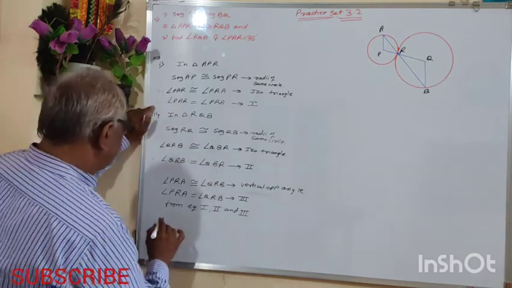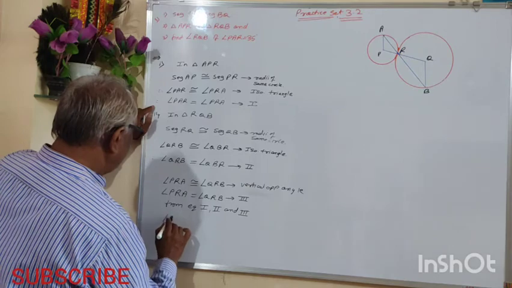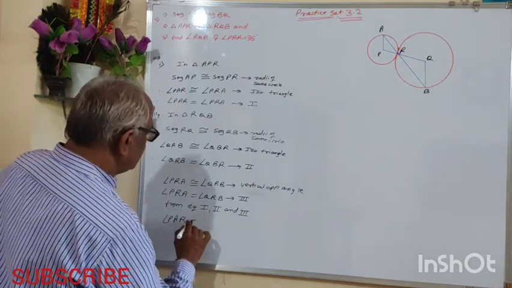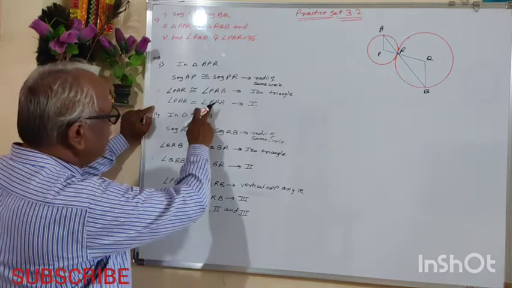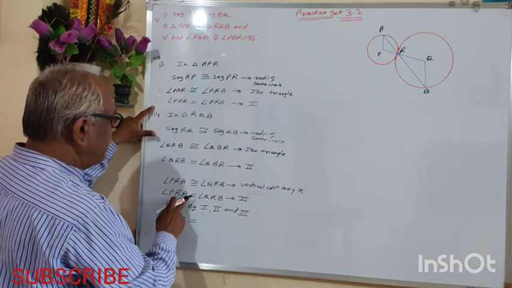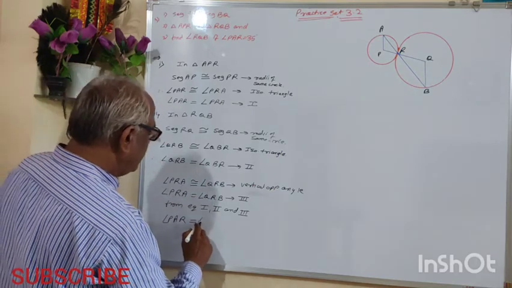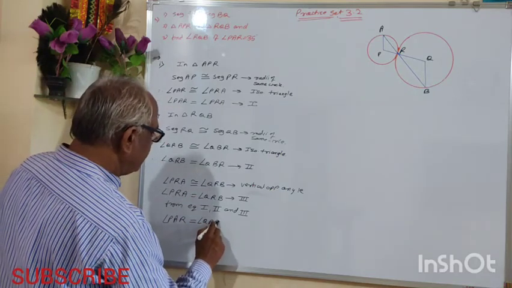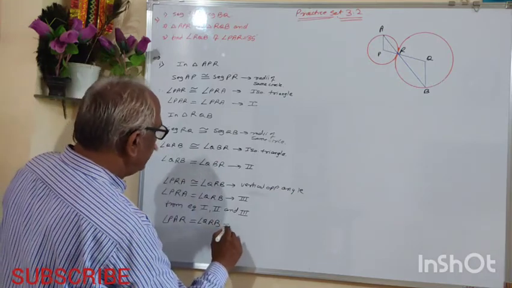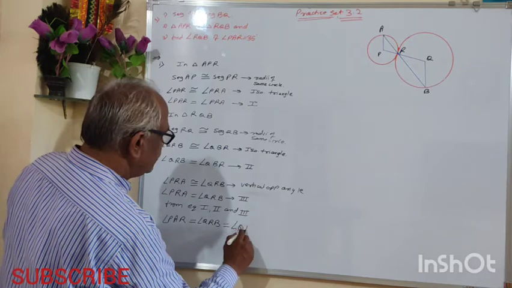Equation 1 is angle PAR is equal to PRA, and here angle PRA is equal to angle QRB. Again angle QRB is equal to angle QBR.